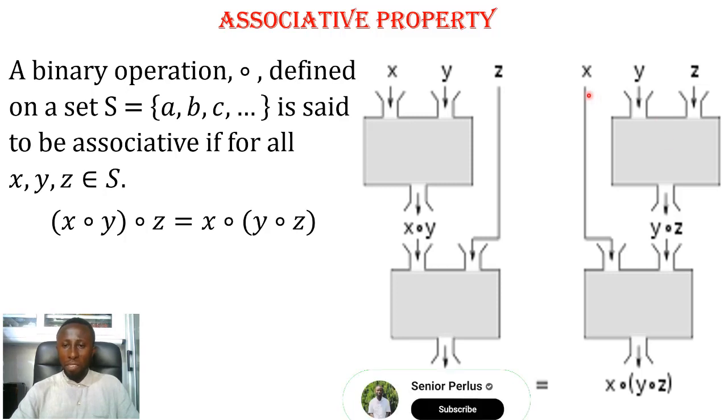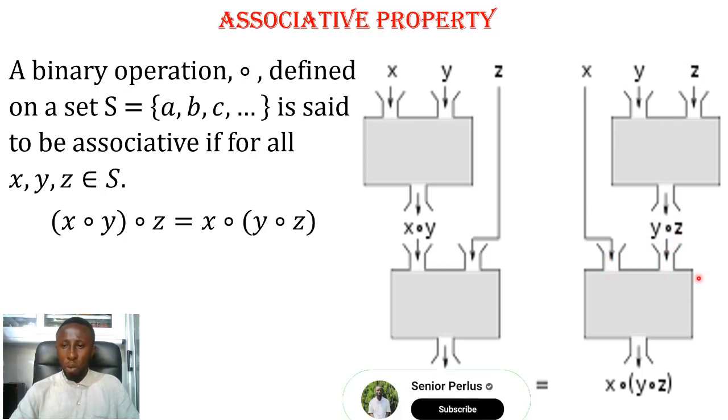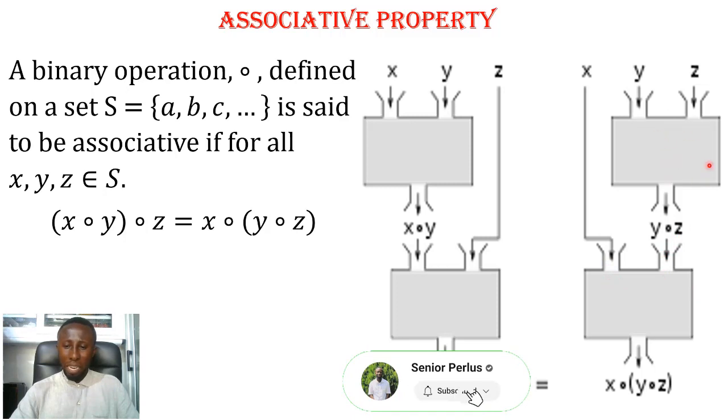The same thing applies here. Here we have x, but x is not entering first. It's y and z that are entering at the same time. That's why we have y operation z before x comes. So when we are solving, we deal with the bracket first.